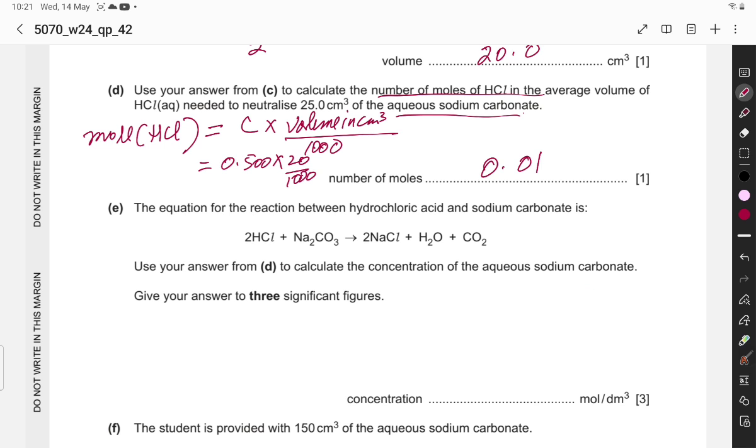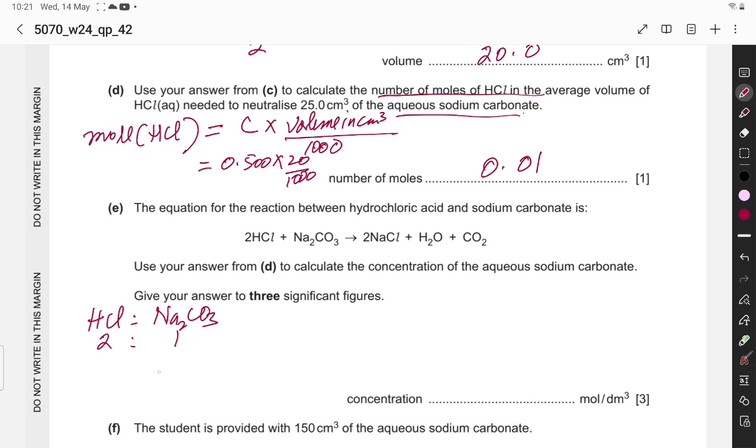The equation for the reaction between HCl and sodium carbonate is given. Use your answer from D to calculate the concentration of the aqueous sodium carbonate. Give your answer to three significant figures. The mole ratio of HCl to Na2CO3 is 2:1.